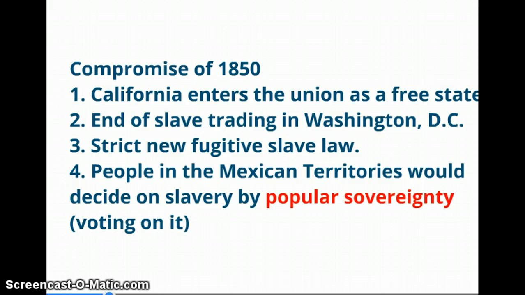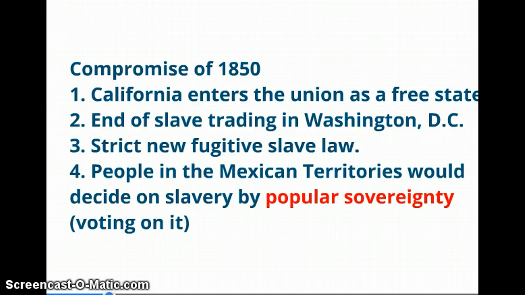Congress could not make a decision, so they decided to allow the people that would move out there eventually to vote on whether they themselves wanted to allow slavery or not. And again, that term is called popular sovereignty.